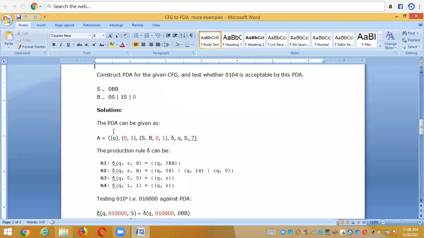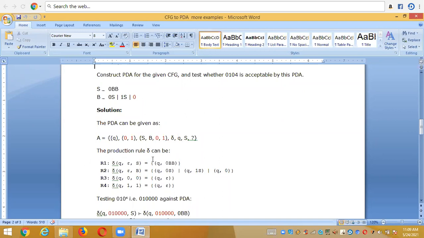And here I'm defining with a Q. Q is a starting symbol. 0 1 from the grammar, zeros and ones are the inputs, and the variables and the terminals, combining all those, get into the stack alphabet. And transition function delta. Q is a starting state and S is the starting symbol. And Z naught we're not defining here.